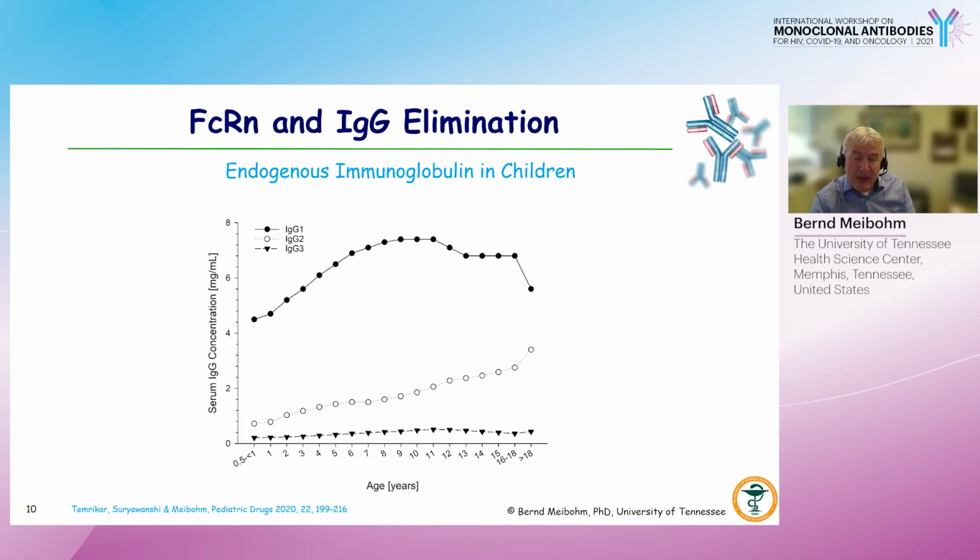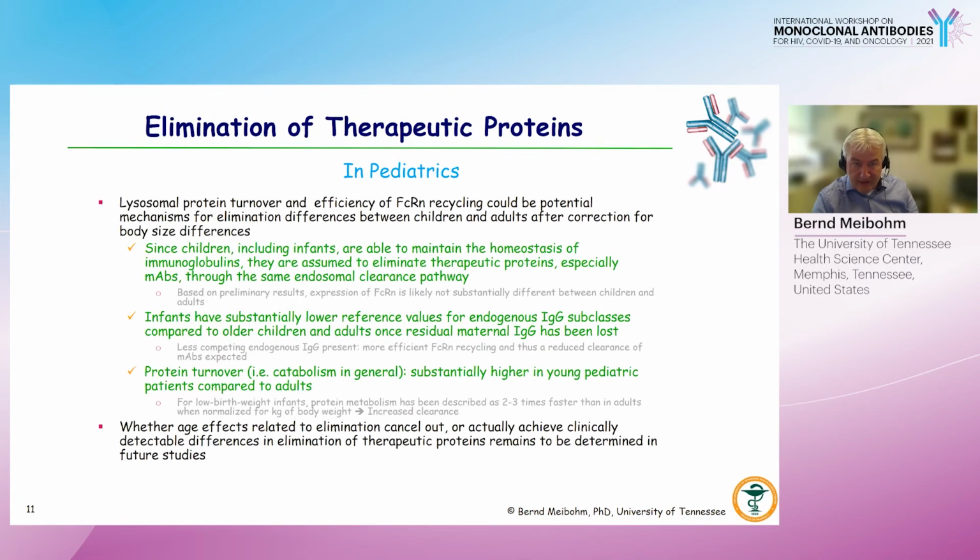That basically means that for the same number of FcRn molecules that can facilitate this recycling process, a much lower abundance of IgG molecules is available. And that means that you have less of a saturation process. So you would expect that in young pediatric patients, the FcRn recycling process is more efficient due to these lower endogenous IgG concentrations.